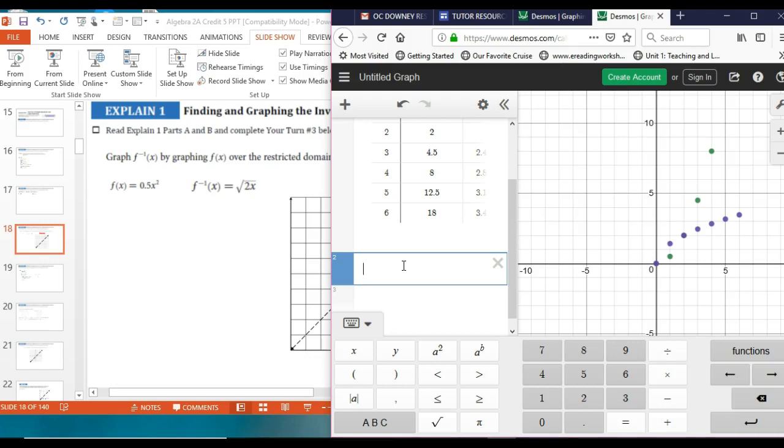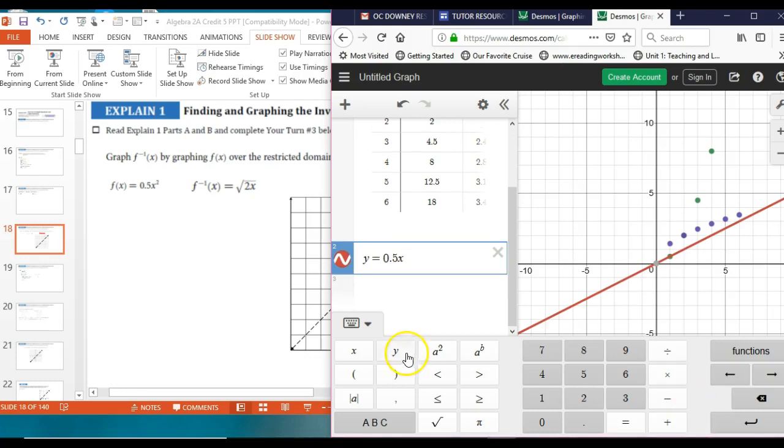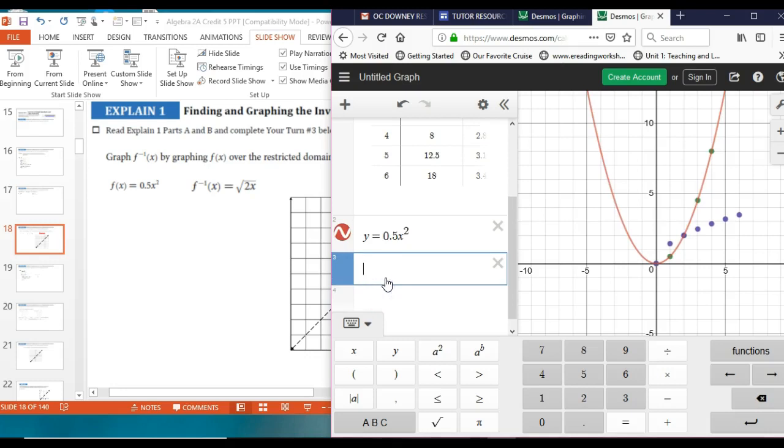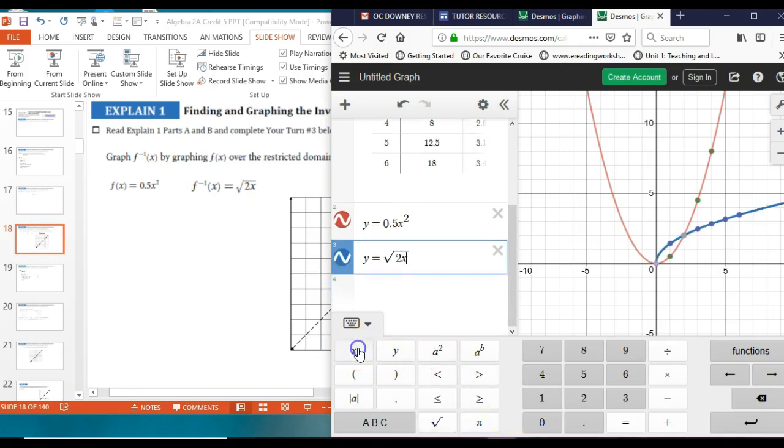Instead of writing f of x, I will write y, because Desmos does understand when it's y. Y equals 0.5x to the second power, and y equals the square root of 2x.